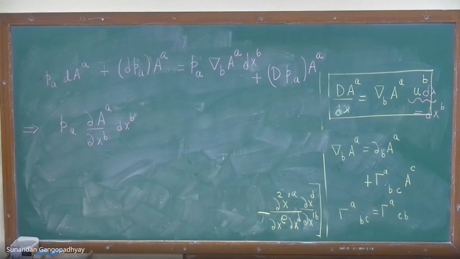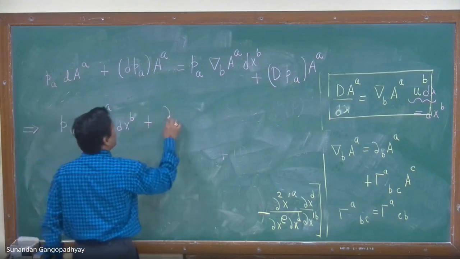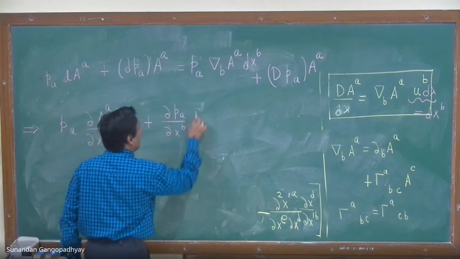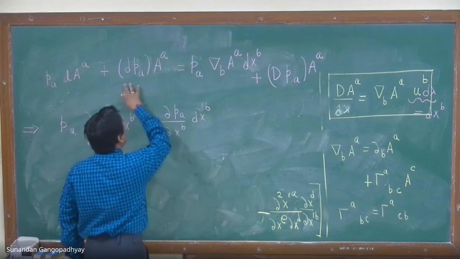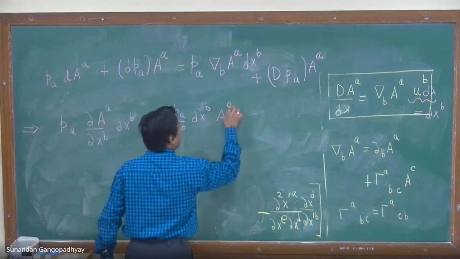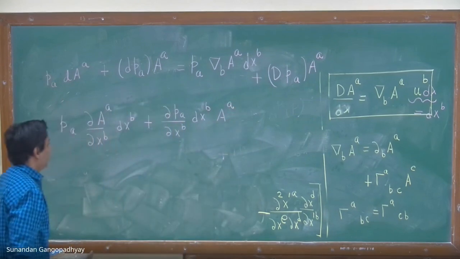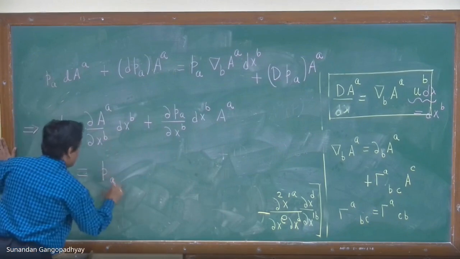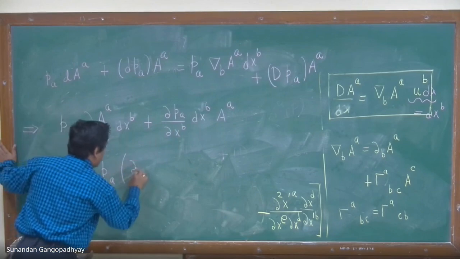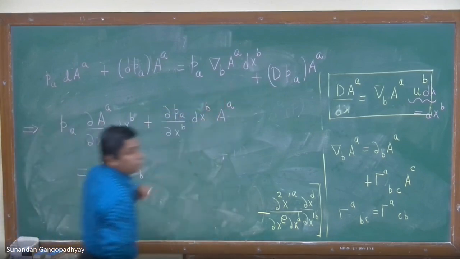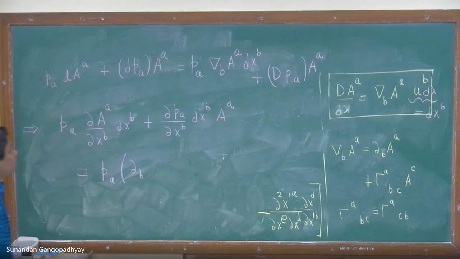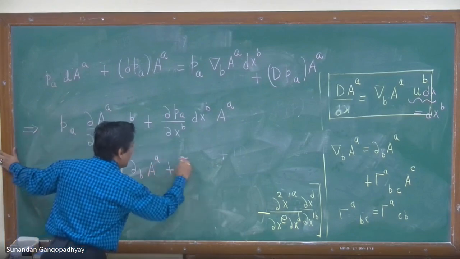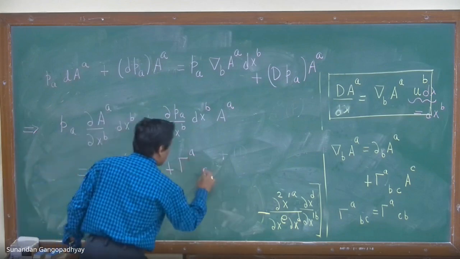I can take p_a del_B A^a dx^B, again the chain rule, equal to p_a. Now I'll substitute what the covariant derivative is: del_B A^a plus gamma^a_CB A^C.